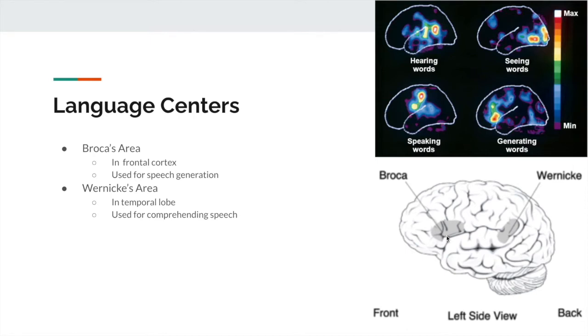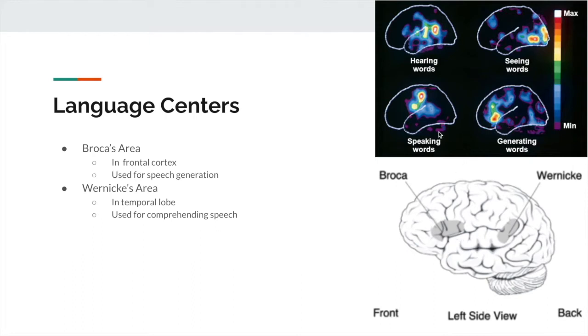So, as I mentioned before, the frontal cortex is responsible for a lot of action making, like taking actions, right? It's like the control center, and so Broca's area is responsible for speech output, like talking.